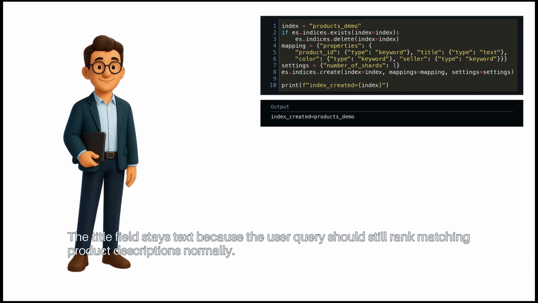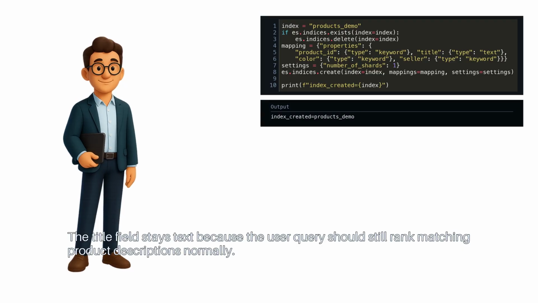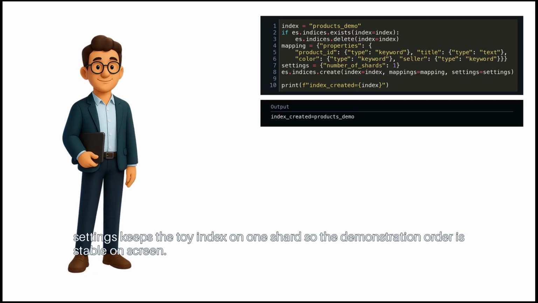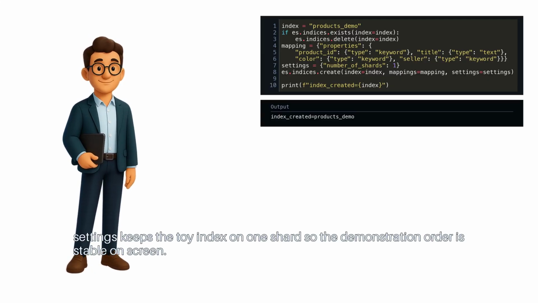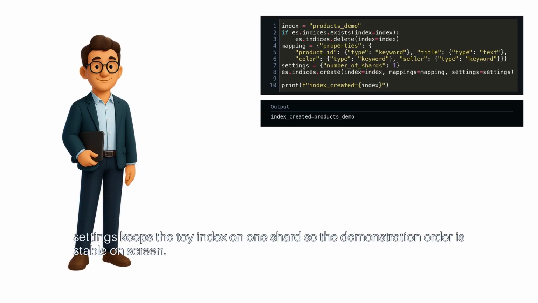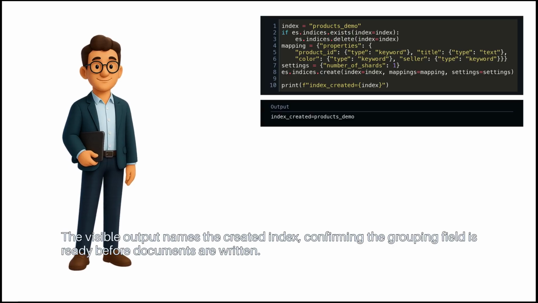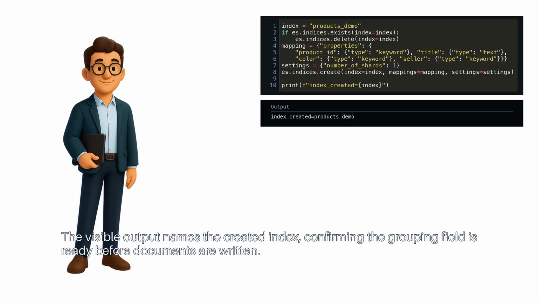The title field stays text because the user query should still rank matching product descriptions normally. Settings keeps the toy index on one shard, so the demonstration order is stable on screen. The visible output names the created index, confirming the grouping field is ready before documents are written.